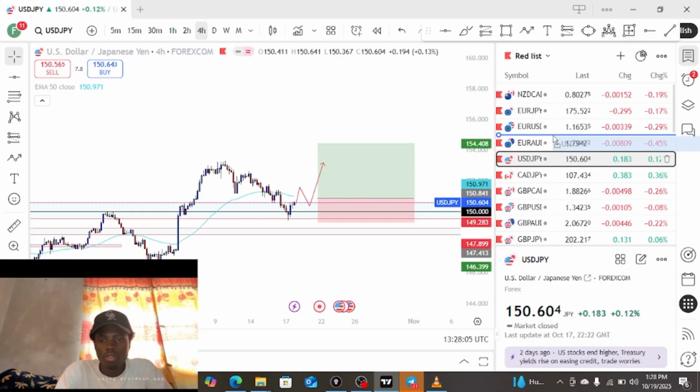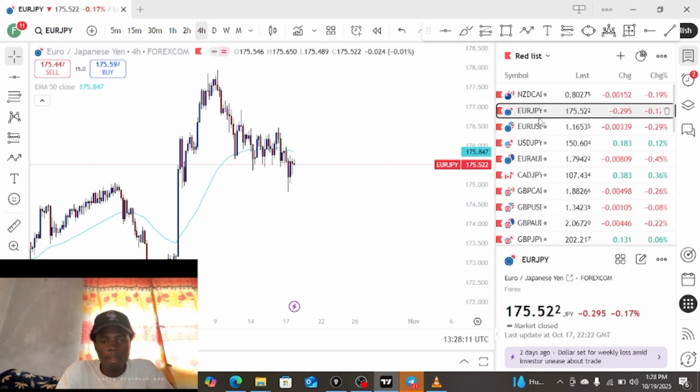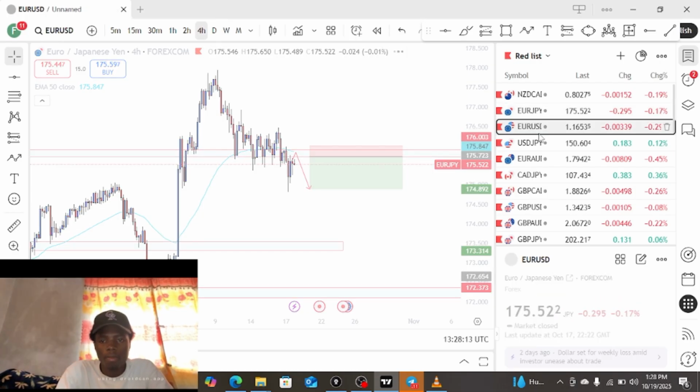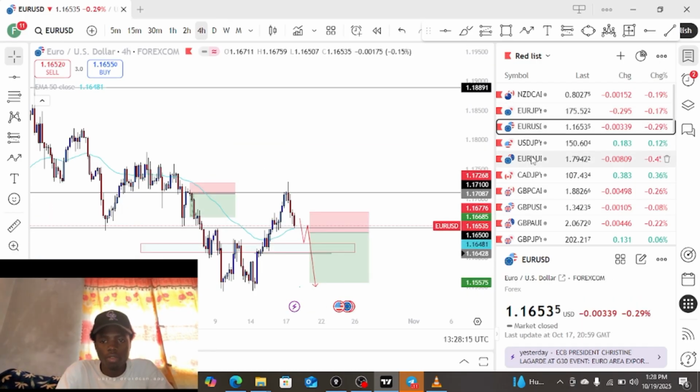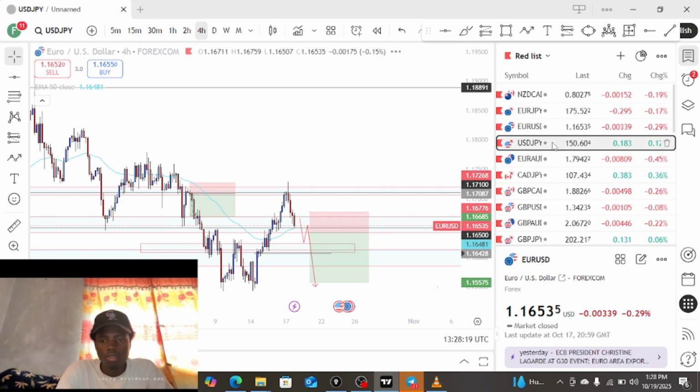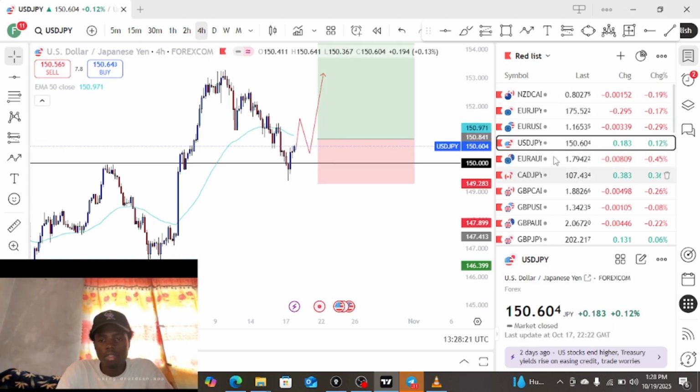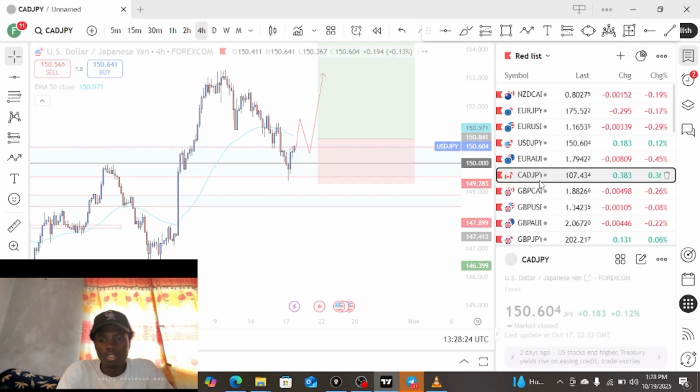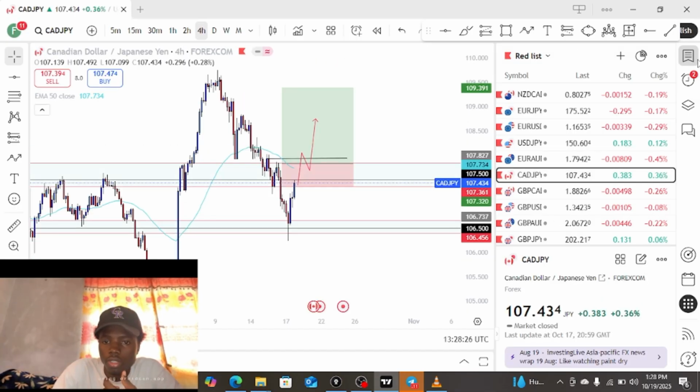This is also ready. I can take this as my fourth trade of the week. Fourth trade of the week, yeah. USD and USDJPY are at the same place. CADJPY. Move on to the next.